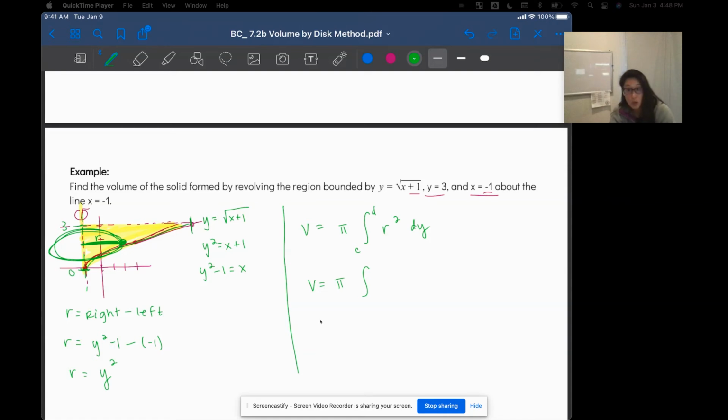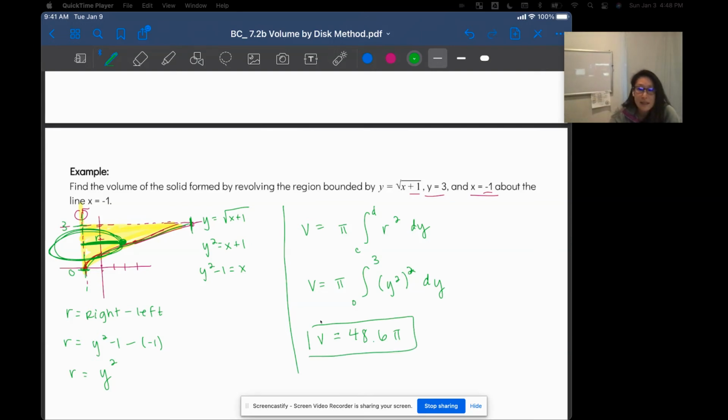I mean, you could, but you don't have to figure out what the x value of the intersection is. So from 0 to 3 of the radius, which is y squared, dy. So the volume, using a calculator, is 48.6 times pi.